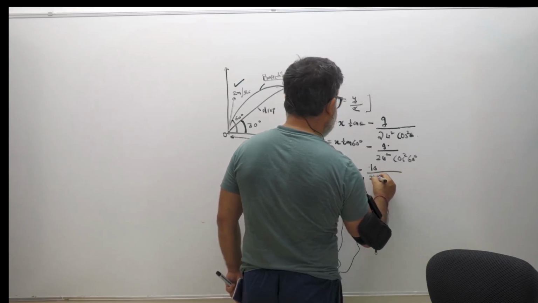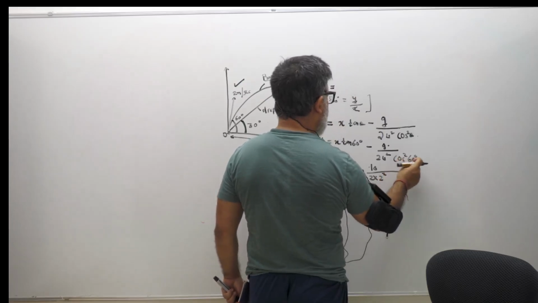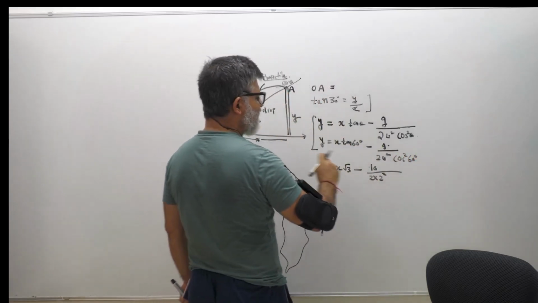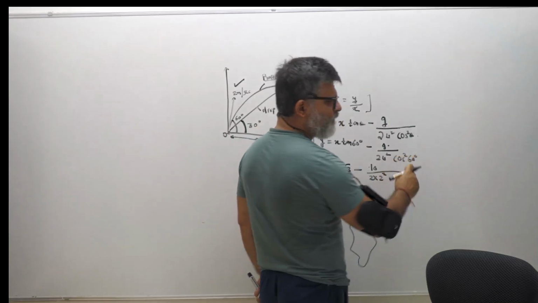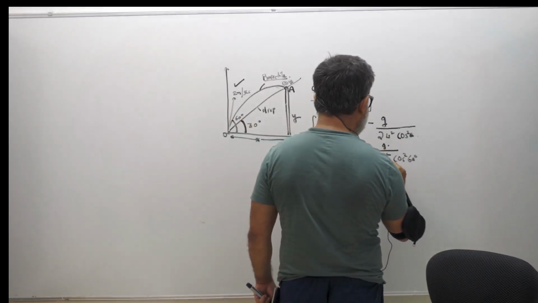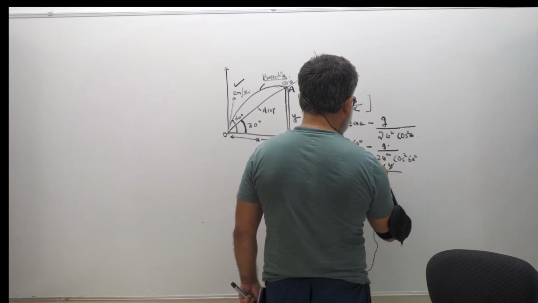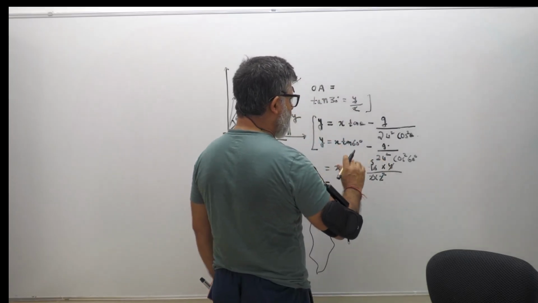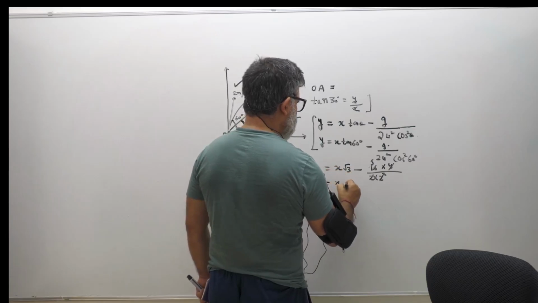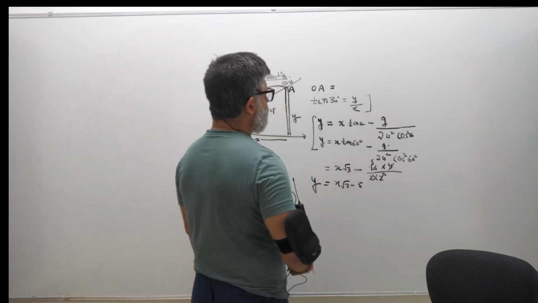So 2 multiplied by 2 square, and cos square 60 will fetch me, cos 60 is 1 by 2, so 1 by 2 whole square will fetch me 4, and that will go up. These two get cancelled. I get a 5 here. And finally what I get is x root 3 minus 5 is y. So I have another equation.